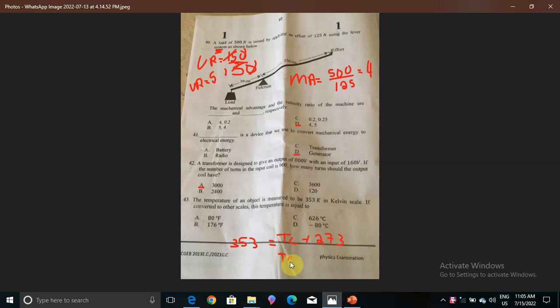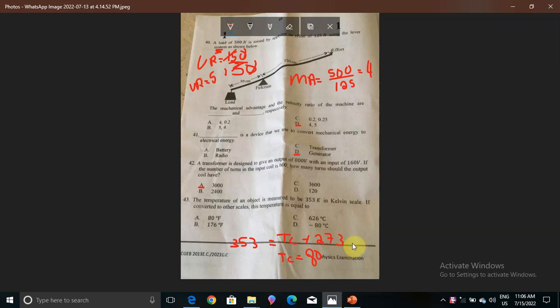So the temperature in Celsius will be 80. But here in 80, what do we have for Fahrenheit? No, it should be Celsius, and we have here negative 8 degrees Celsius. No, it's not correct. It should be positive 80 degrees Celsius.